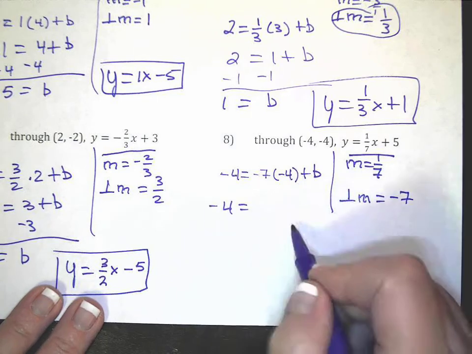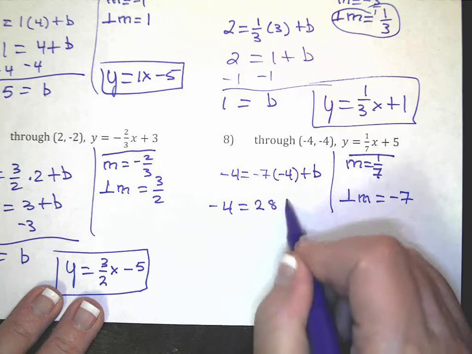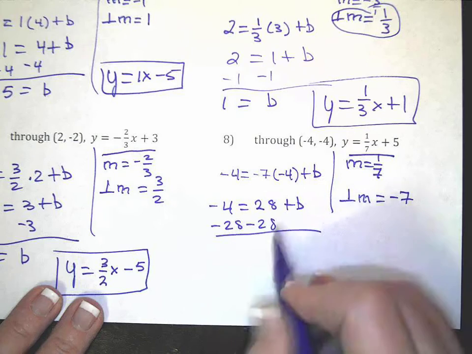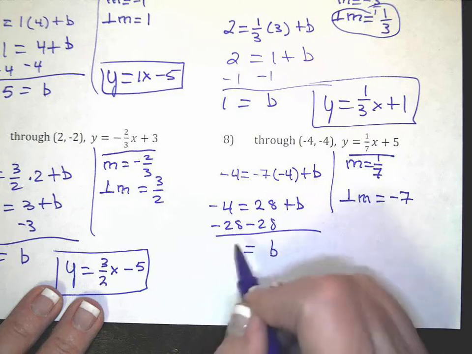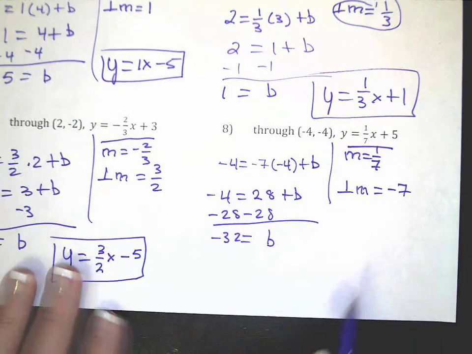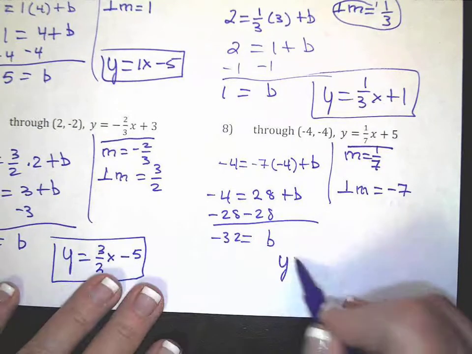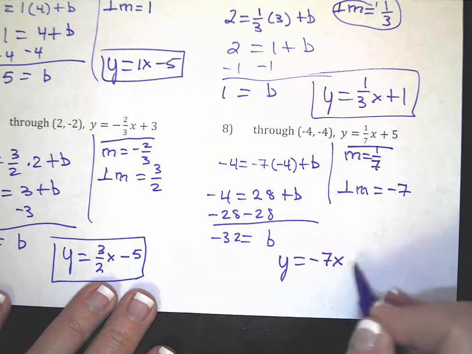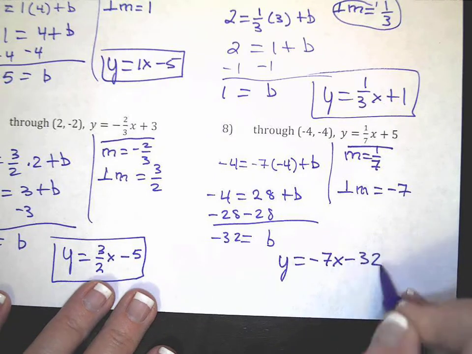So negative 4 equals 28 plus b. Subtracting 28 from both sides, b is equal to negative 32. So our equation becomes y equals the perpendicular slope, negative 7x, subtract 32.